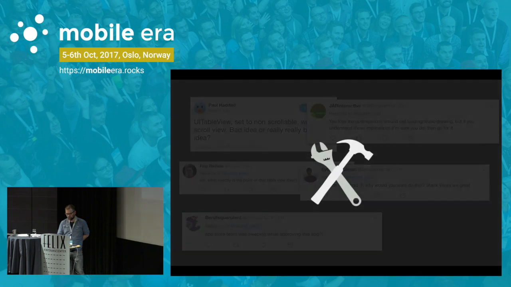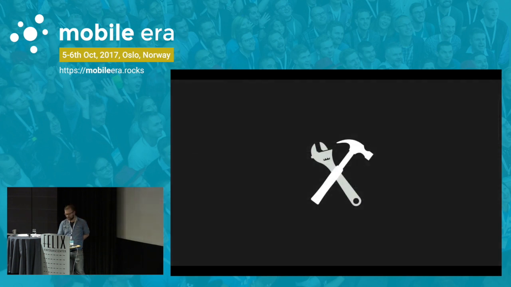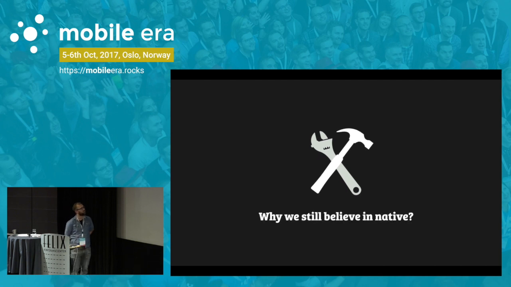So I'm gonna try and tackle a sort of controversial topic that's been widely discussed, and that is, why do it natively at all? It feels like we're sort of entering Vim versus Emacs territory to some degree. People have very strong opinions that React Native is the future, cross-platform is the future.